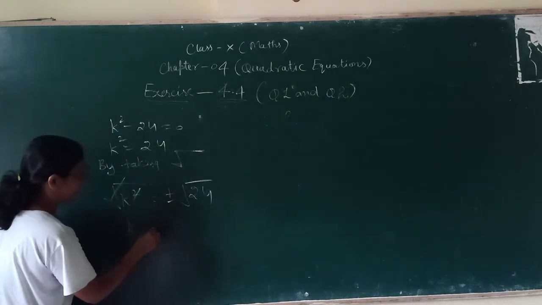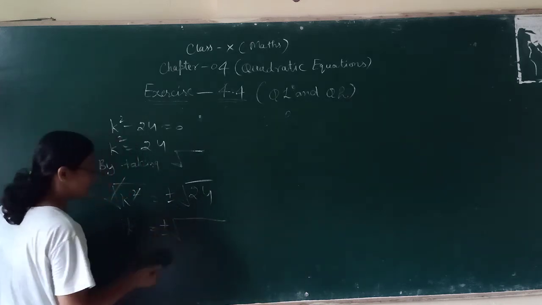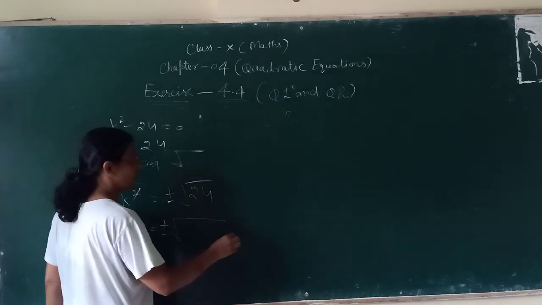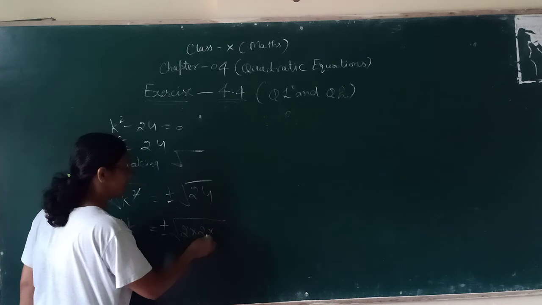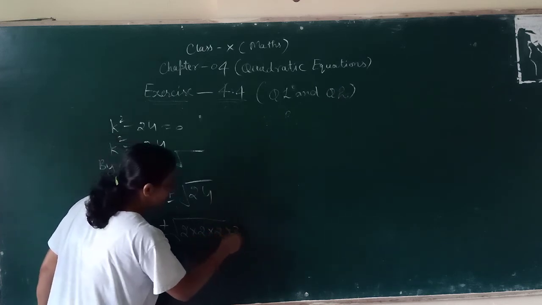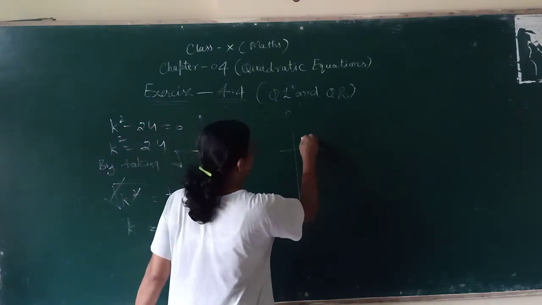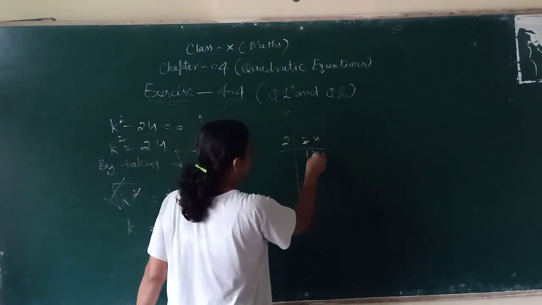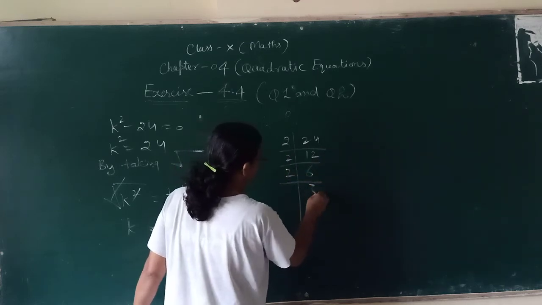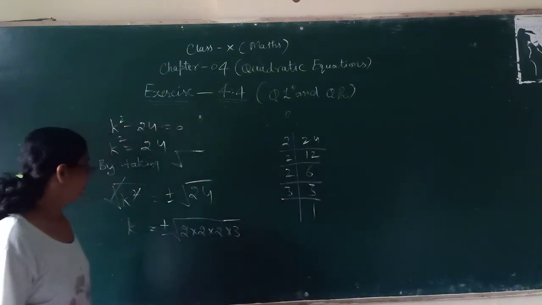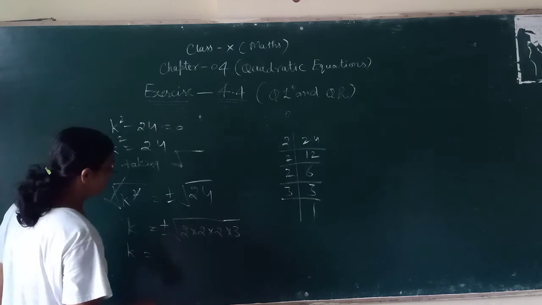K आ गया आपके पास, और then root 24 with plus minus as it is. 24 के क्या factor बना सकते हैं? 2 2s are 4, 2 4s are 8, 3 8s are 24. तो जिस बच्चे को प्रॉब्लम हो, they can make prime factors here, 2 12, 2 6, 2 3, like this you can get from here, but plus minus will remain, because in 8th class square root chapter you did.